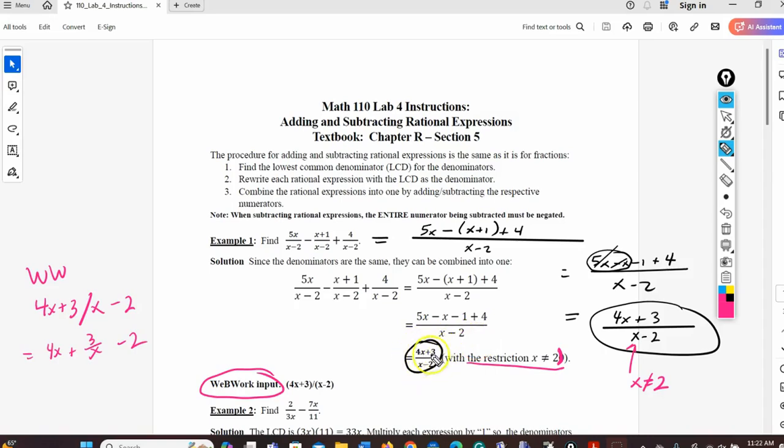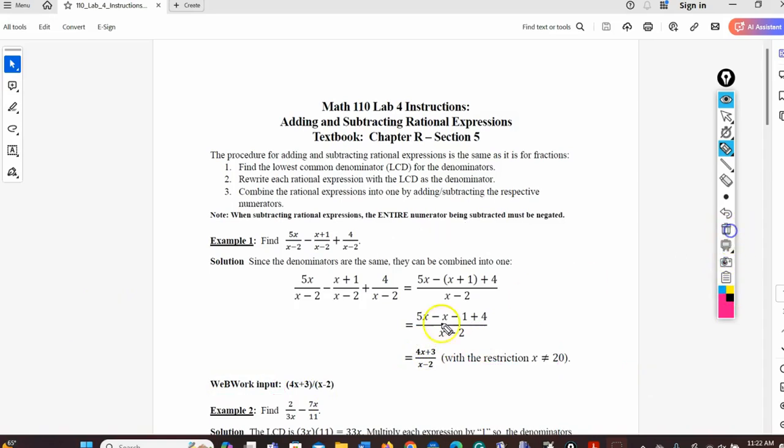Whenever you have more than one character in the numerator or denominator, you must put grouping symbols around them. Okay. All right, so I will get that corrected. It's x is not equal to 2. So when I was typing the parenthesis, I must not have shifted there. Okay.